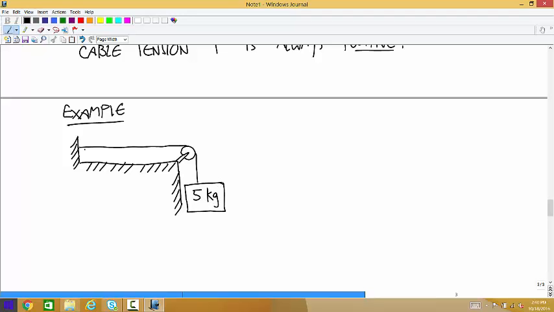Okay, so you have a cable that's holding up a 5 kilogram mass. It goes over a pulley and then connects to the wall. What's the force vector the cable applies to the wall?